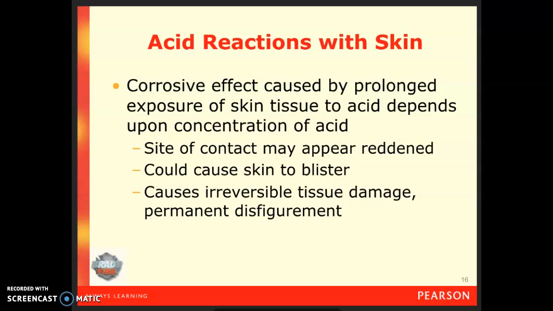With prolonged exposure, you can actually see skin blistering, where the acid will actually distort the skin and start to cause some minor tissue damage. And then with even longer exposures and even higher concentrations, we can see permanent disfigurement and irreversible damage to the individual.